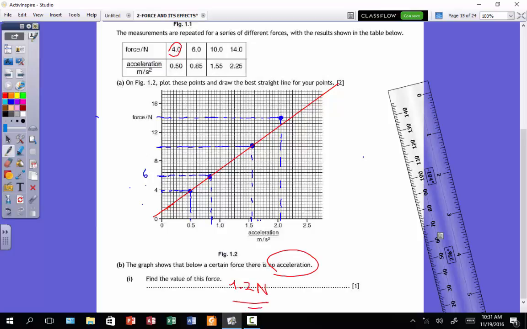When the acceleration is 0, the value of the force is 1.2 Newton. This value can be changed according to your graphs. It can be less than 1.2, or it can be more than 1.2. The range is between 1 and 1.4.